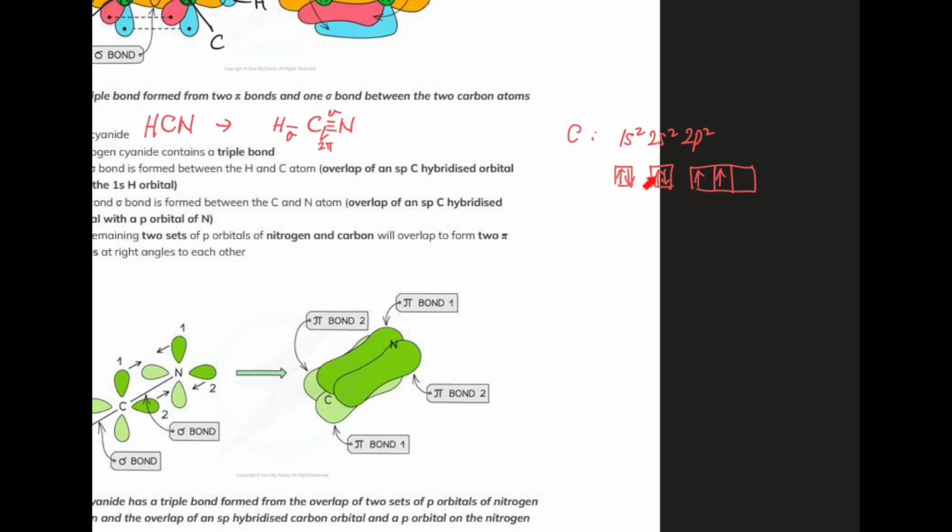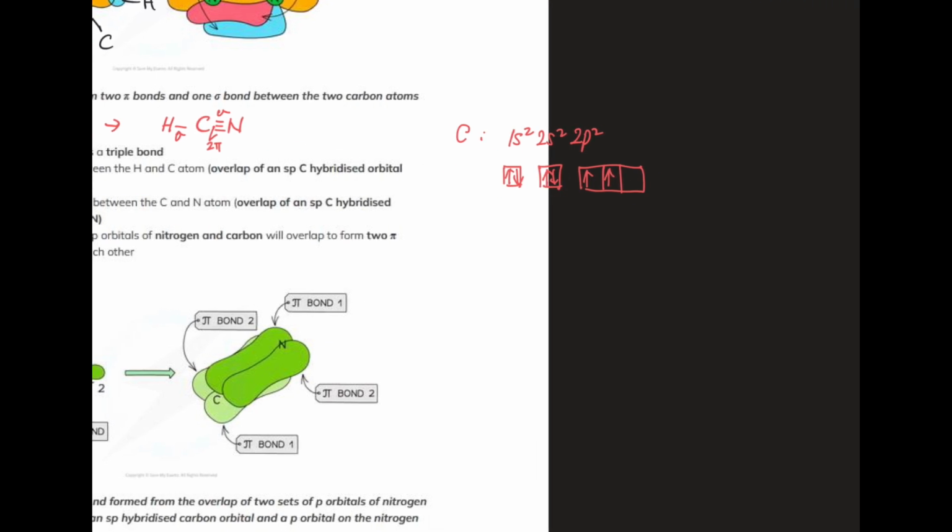Maybe you are wondering, am I going to do excited state or not? So yes, because no lone pair here. We don't want lone pair. So the 4 electrons are used to form the bond, and none of them are forming lone pair. So the ground state here needs to go to excited state. So this is ground state.